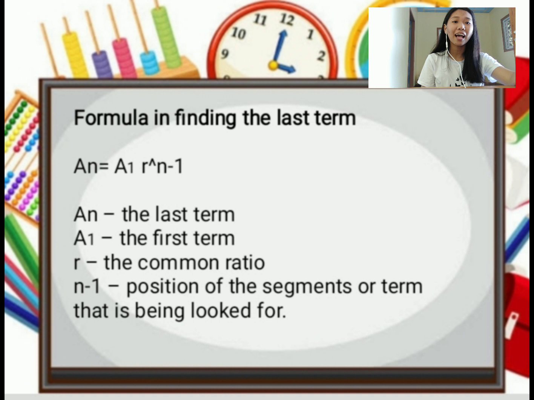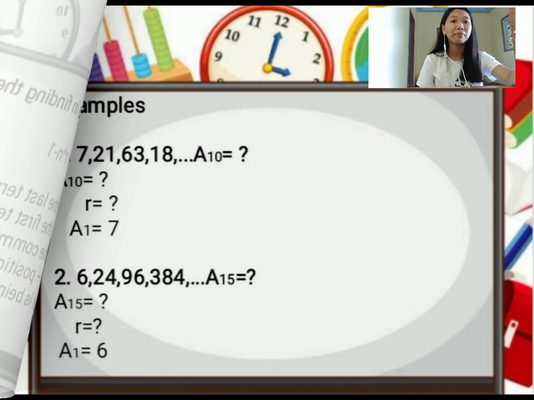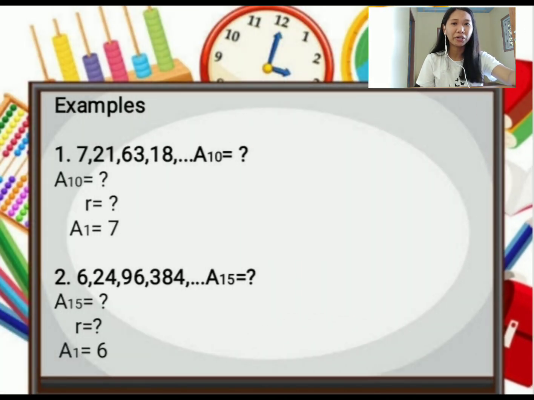Here, a sub n is our last term, a sub 1 is our first term, r is the common ratio, and n minus 1 relates to the position of the term that is being looked for.